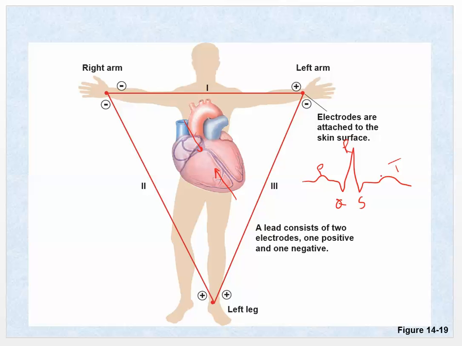So that's basically what we're doing, and we can get even more information. We can look at this from different directions. We can get even more information by putting leads all over the chest to actually try to get different perspectives, and that way we can really focus in by comparing a couple of different leads.